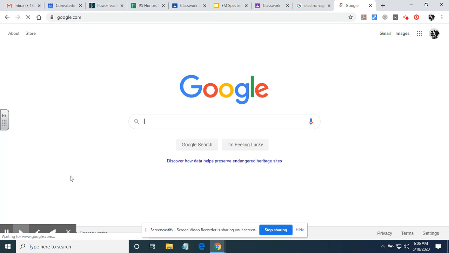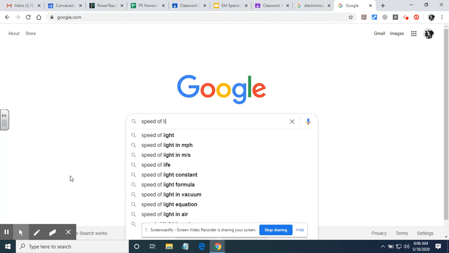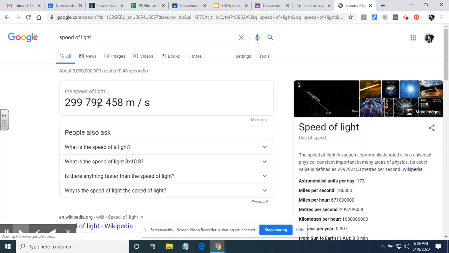I'm going to just type into Google here, speed of light. That is the speed of light. I believe in your book, on page 341, in the emptiness of space, in a vacuum, they round this up. They say that light travels at 300 million meters per second, 3 times 10 to the eighth meters per second.